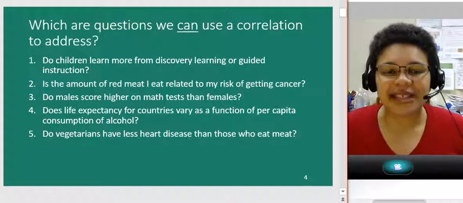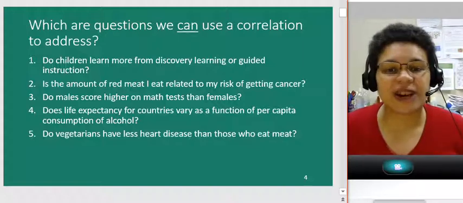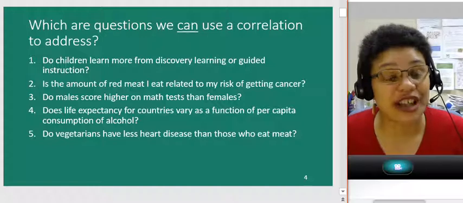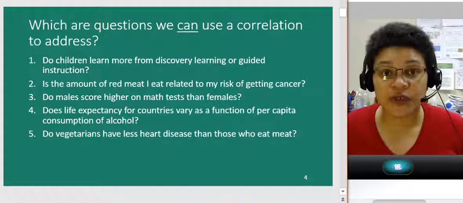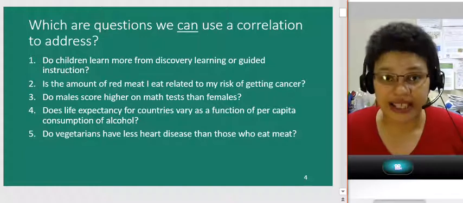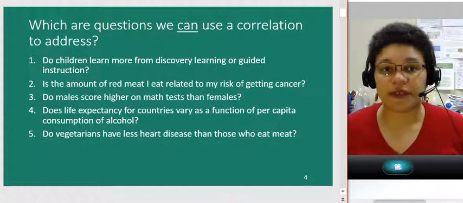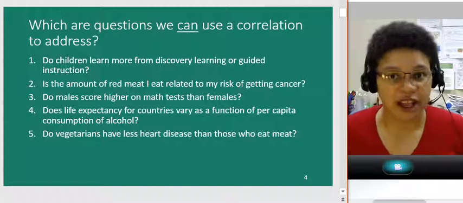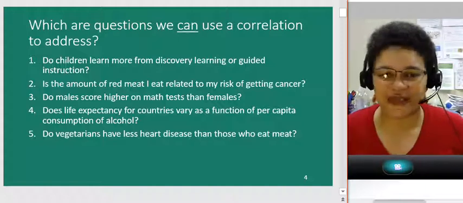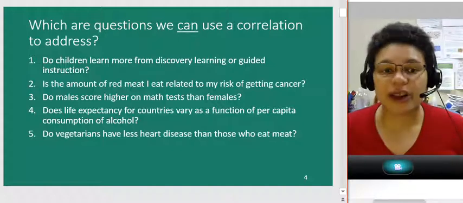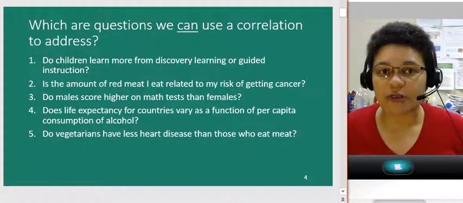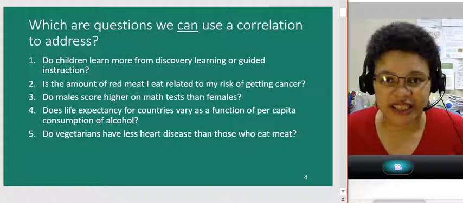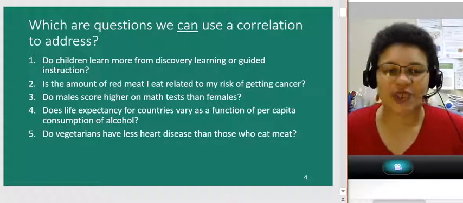Does life expectancy for countries vary as a function of per capita consumption of alcohol? Here, for each country, we would have two variables. We would have life expectancy, which might be 55 or 65 or 75 or 80, 85 or whatever it is, and then the per capita consumption of alcohol, meaning how much alcohol each person on average consumes.